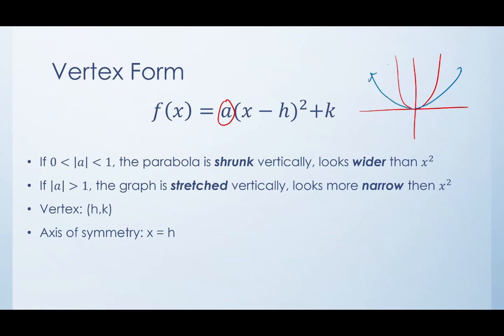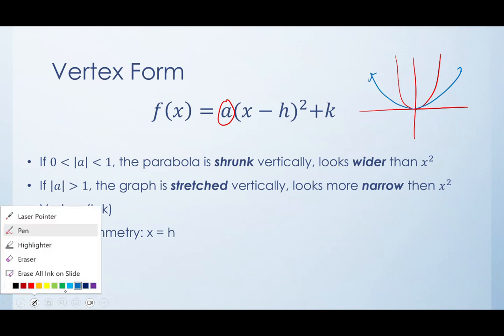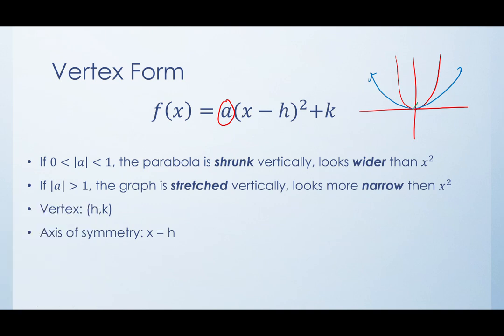It would look wider. And if it's greater than 1, it's going to look like we stretched it, right? It's going to look narrower. There's an example. And of course, if A is less than 0, it's been reflected over the x-axis, right? There is nothing new here, because we've talked about all these transformations before.